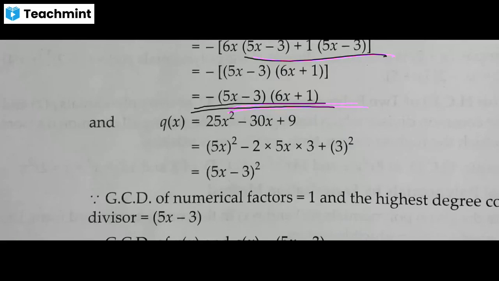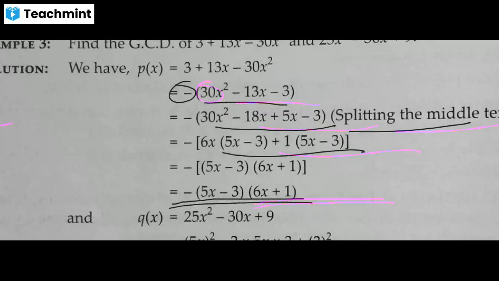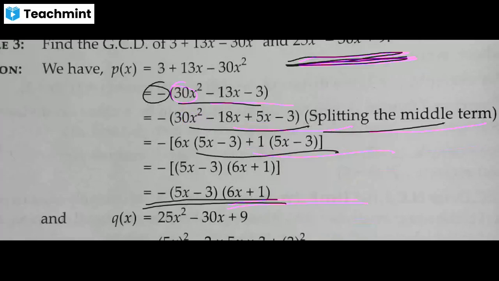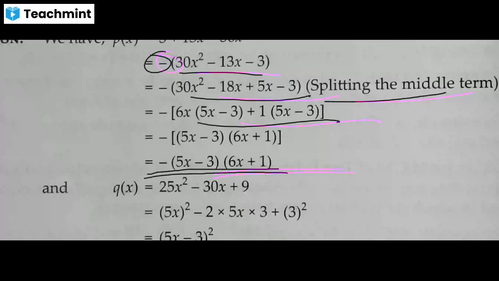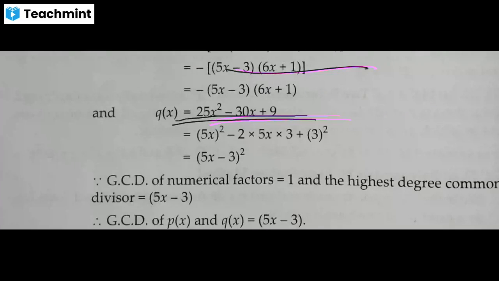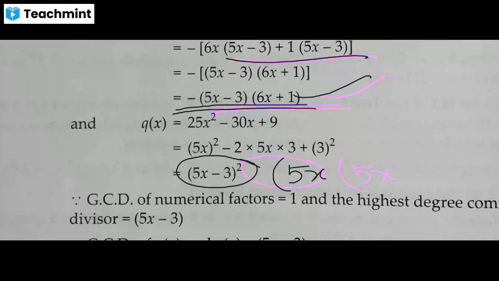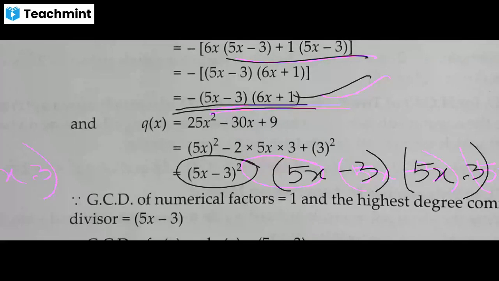Similarly, check the second polynomial, which is 25x squared minus 30x plus 9. After factorization, you get (5x minus 3) whole thing squared.